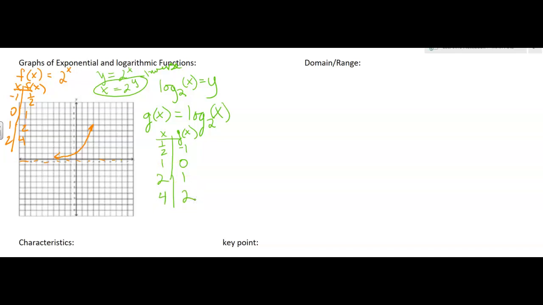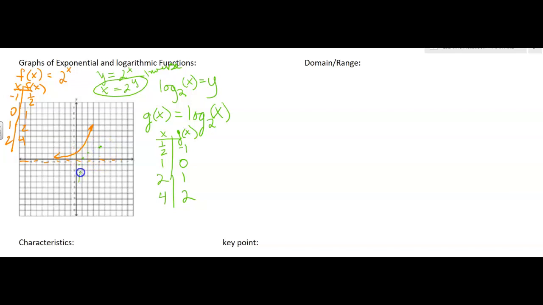So then let's see what that looks like. This first point, 1/2, -1, I'm going over a half and down 1. 1, 0 would be right here, and then 2, 1 would be right there, and 4, 2 would be right there.